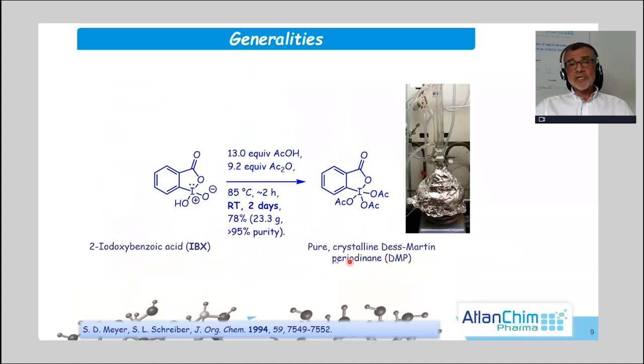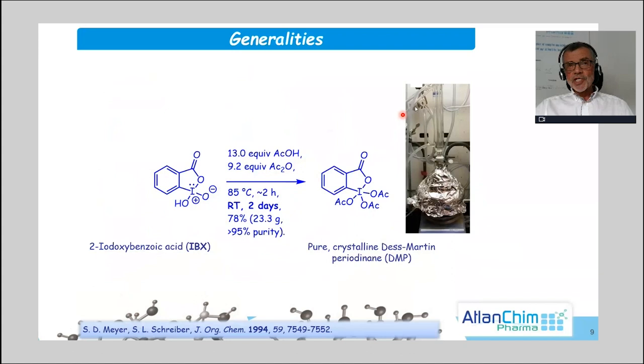With this in mind, Schreiber developed here an efficient procedure. IBX was heated at 85 degrees in a mixture of acetic anhydride and acetic acid for at least 1 hour after dissolution was complete.